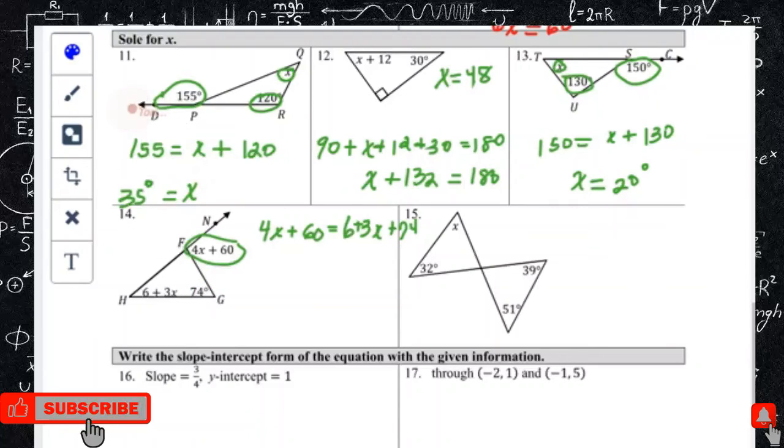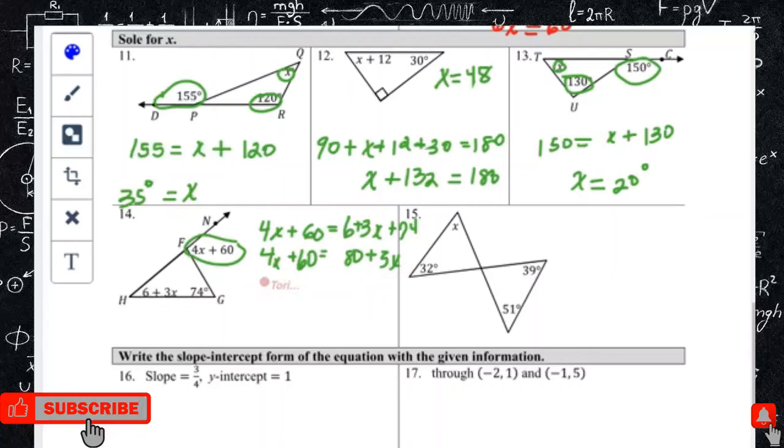All right. So I'll simplify this side. 6 and 74 can become 80. And then, of course, we want our variable x to be on the same side. So I'm going to move the 3x over.